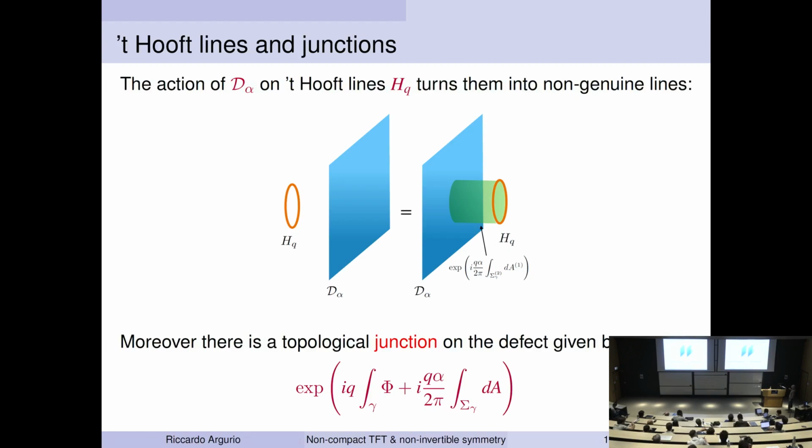So how this surface attaches to the defect is by this junction. This capital Phi was the U1 field on the defect, on the TQFT that addresses the defect. The interesting thing is that this junction does not depend on the angle.